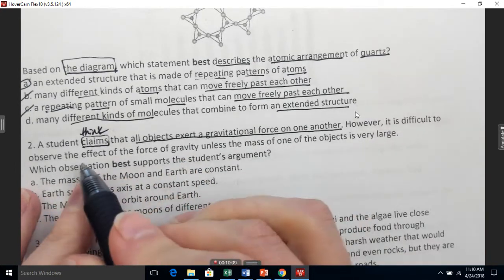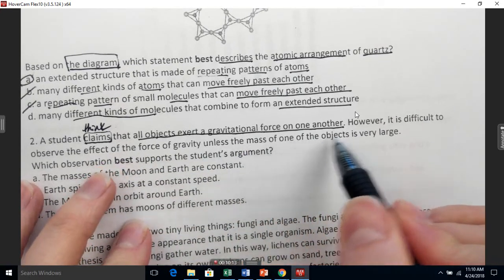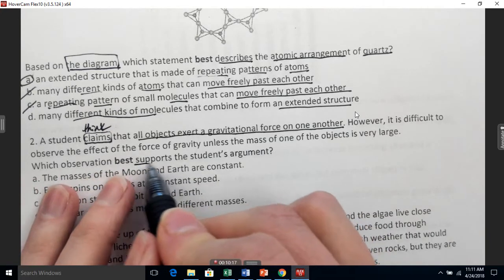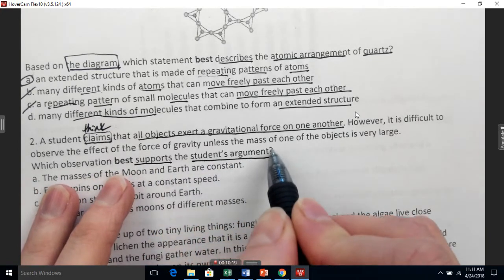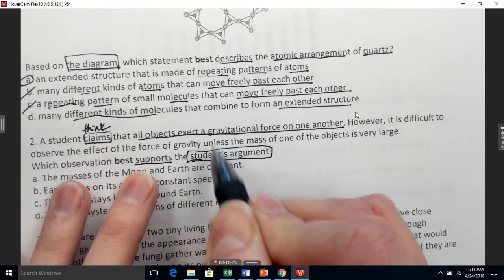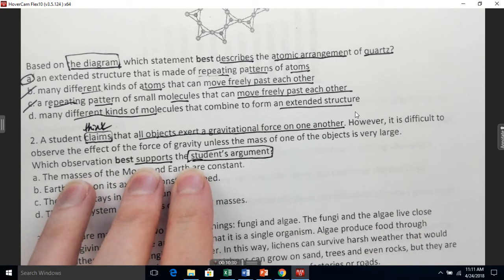But it is difficult to observe the effect of the force of gravity unless the mass of one of the objects is very large. Which observation best supports the student's argument? Which one of these goes with the student's argument? What's the argument, he said? So we need something that's going to prove all objects exert a gravitational force on one another.